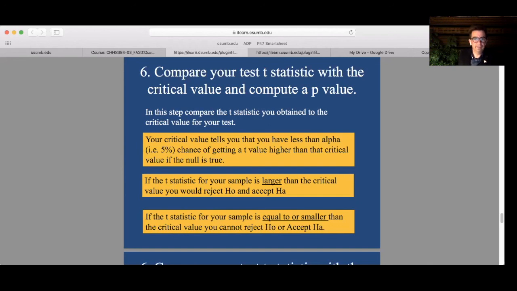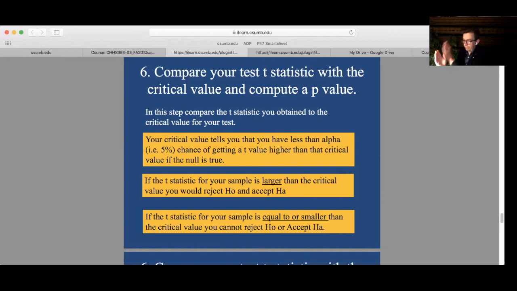Your critical value tells you that you have less than alpha, like less than a 5% chance of getting a t-value higher than that critical value if the null is true. So you're comparing your t to that critical value, and you get that critical value or higher 5% of the time, right?